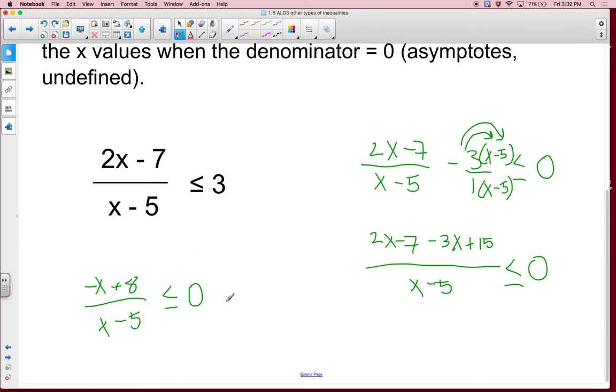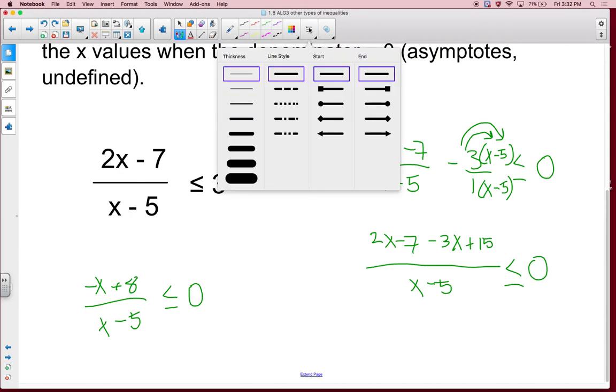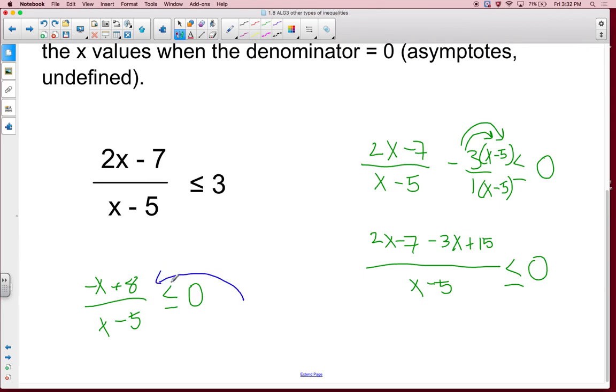Okay, so we know that if I set the numerator equal to 0, like we just read in the notes, this is going to be a critical value. This is actually finding the x-intercept of your rational graph. X is equal to 8. That's a critical value.